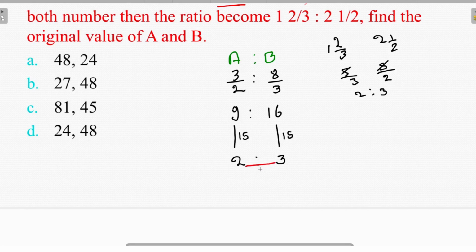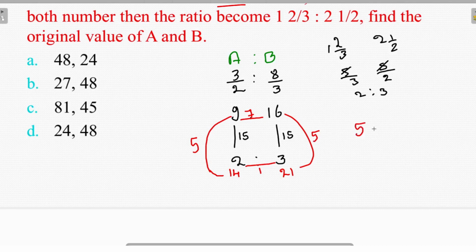Here the difference is 1, but here the difference is 7. Then 7 2s are 14, here 7 3s are 21. 9 became 14, meaning I added 5. 16 became 21, meaning I added 5.